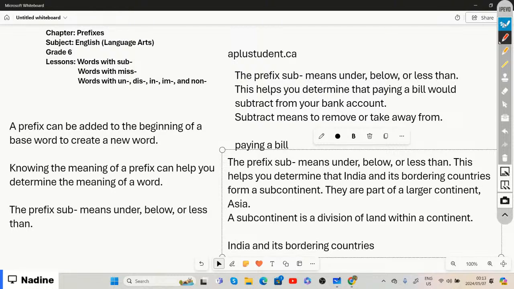So we have our continents, and there are continents within the world. And then we have our subcontinents, which are divisions of land within our continents.